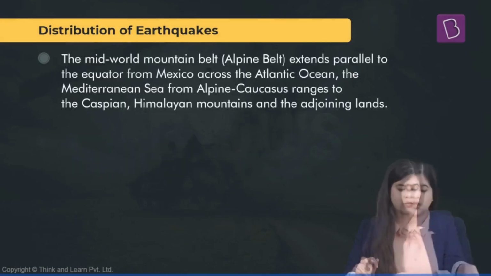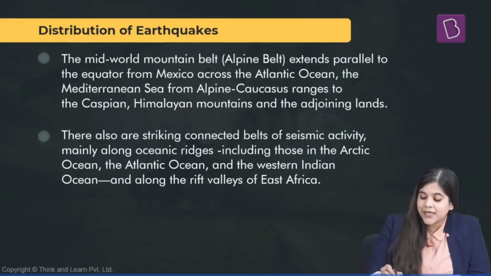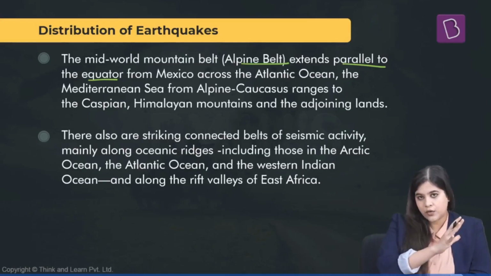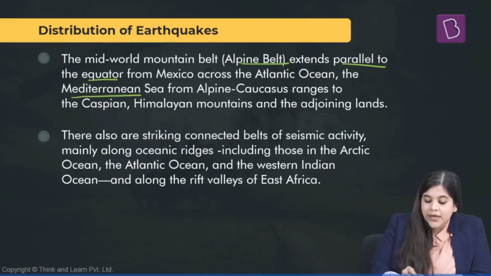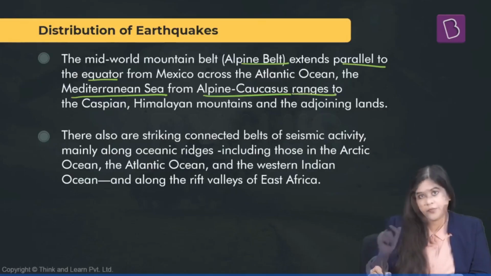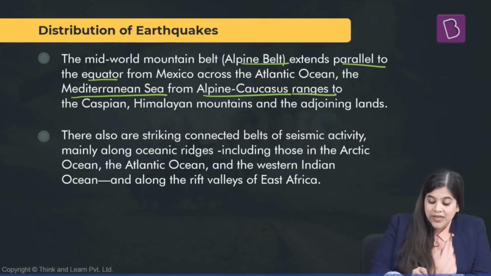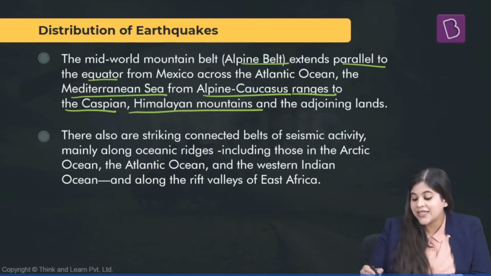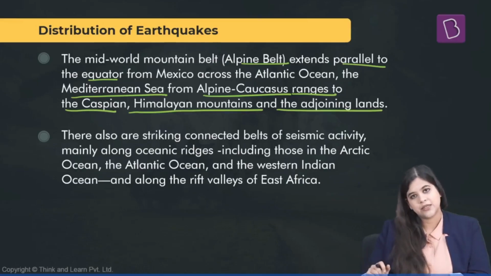As I've already said, this belt extends parallel to the equator from Mexico across the Atlantic Ocean to the Mediterranean Sea, from the Alpine Caucasus ranges in southern Europe to the Caspian Sea, and ending at the Himalayan mountains and the adjoining lands.